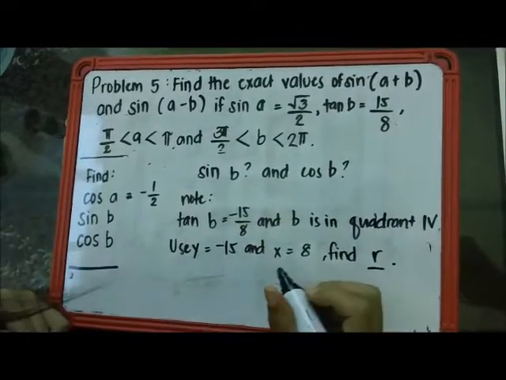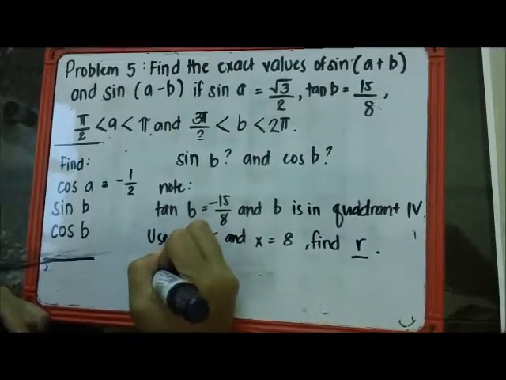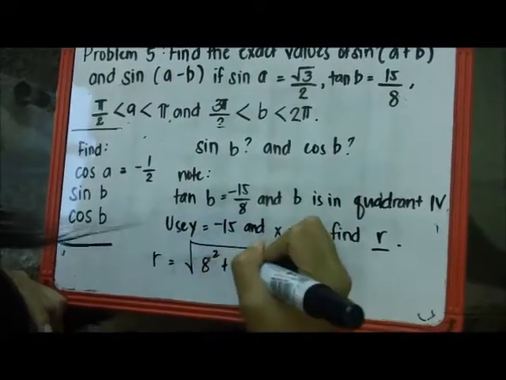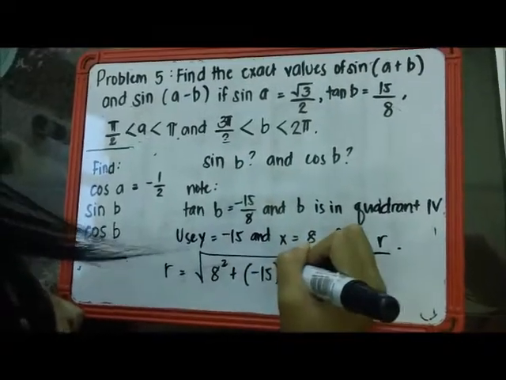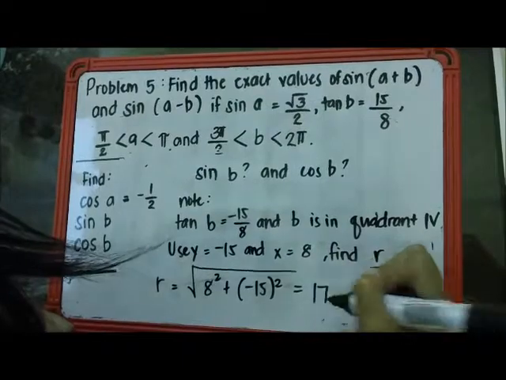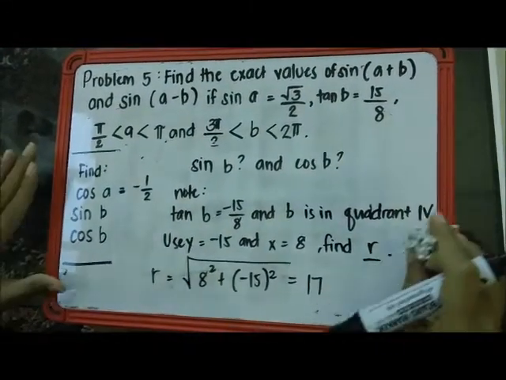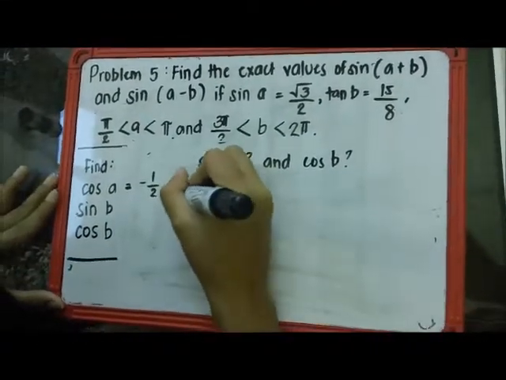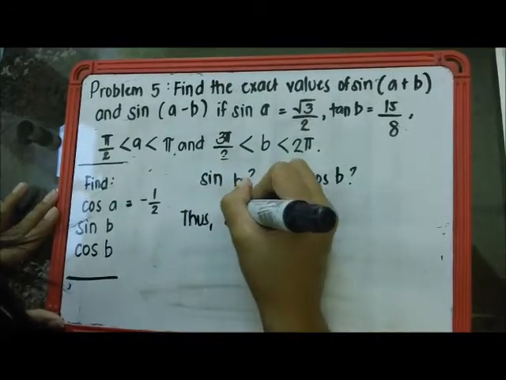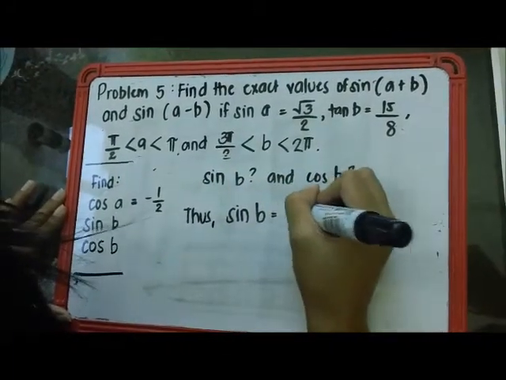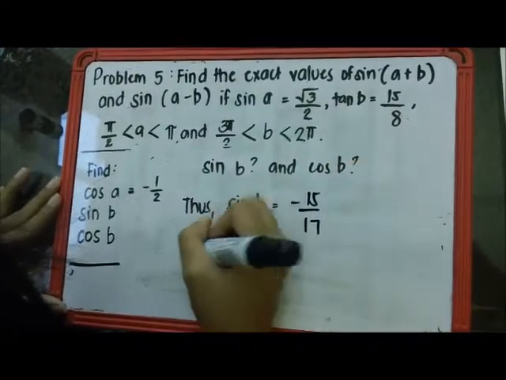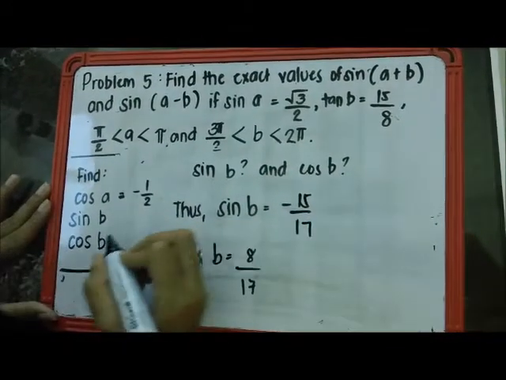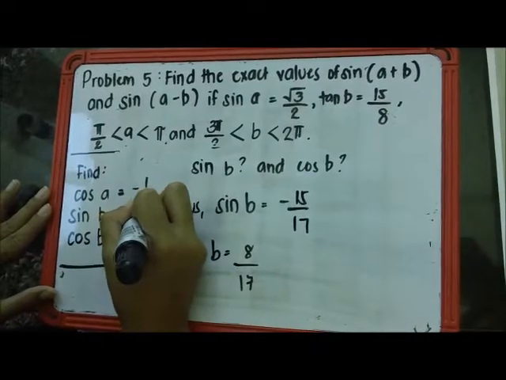Find r. R is equal to square root of 8 squared plus negative 15 squared, which is equal to 17. Thus, sine B is equal to negative 15 over 17 and cosine B is equal to 8 over 17.